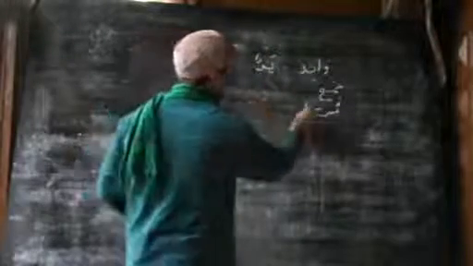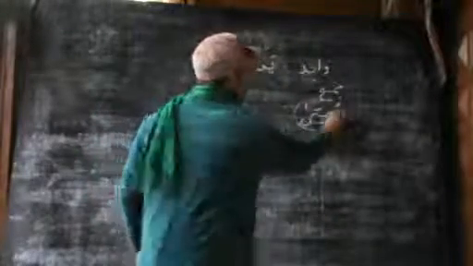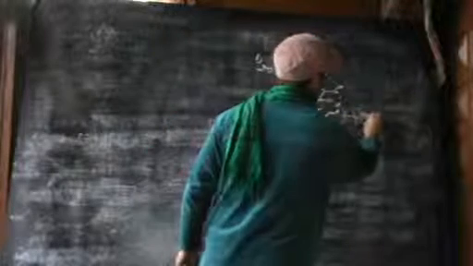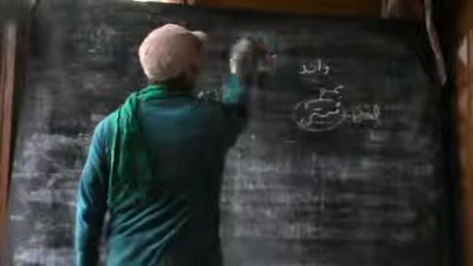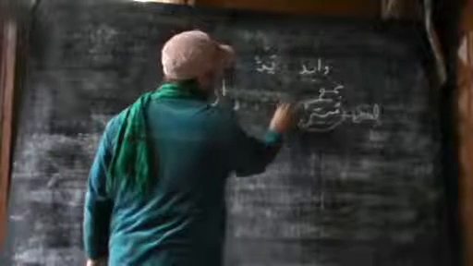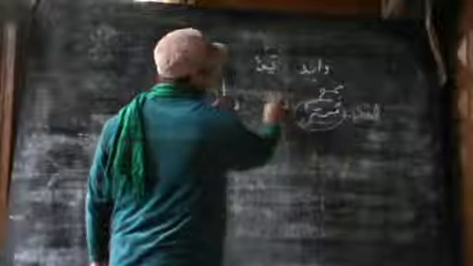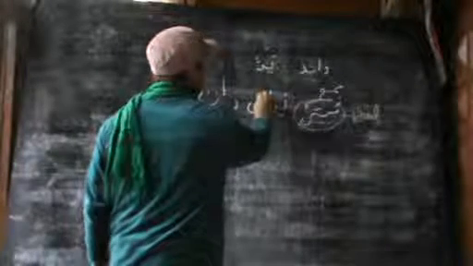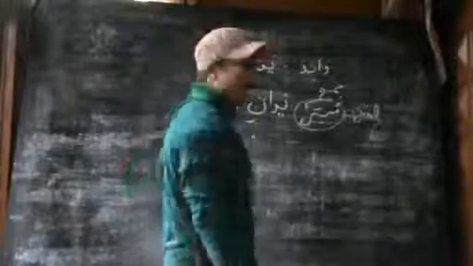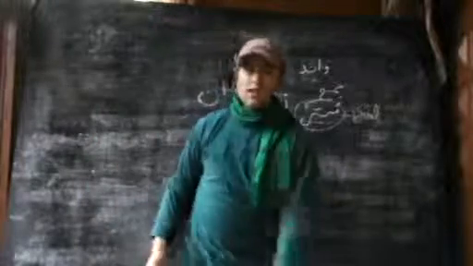We can add something to make this musanna, that means dual. For two, the rule is to add alif and noon. If we add alif and noon, the tanween is omitted, so it becomes yadani, which means two hands.